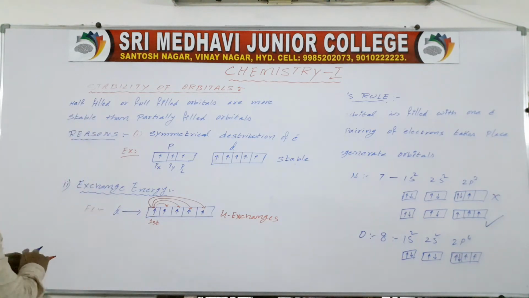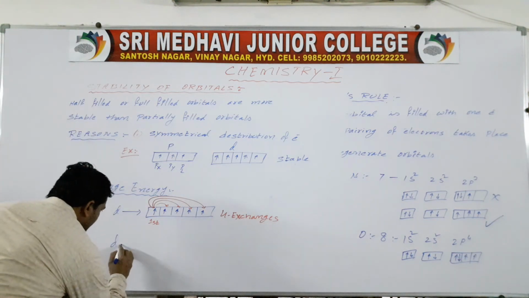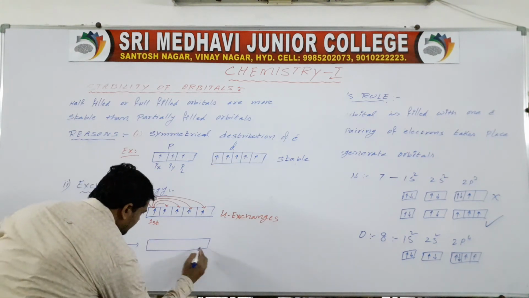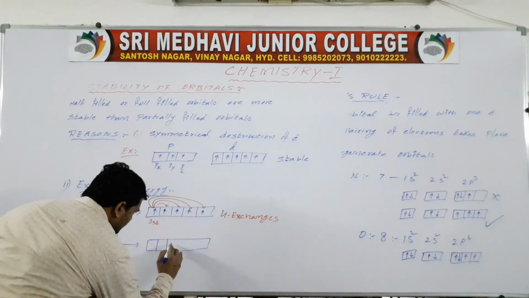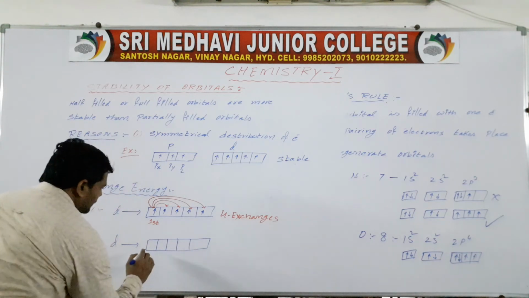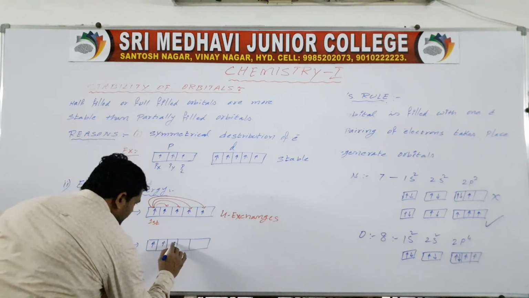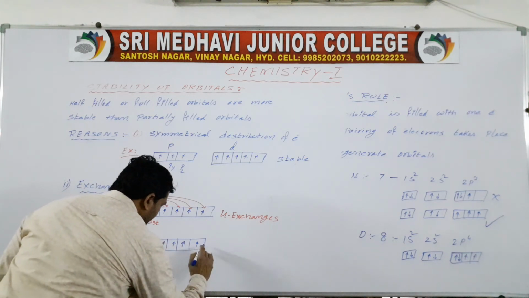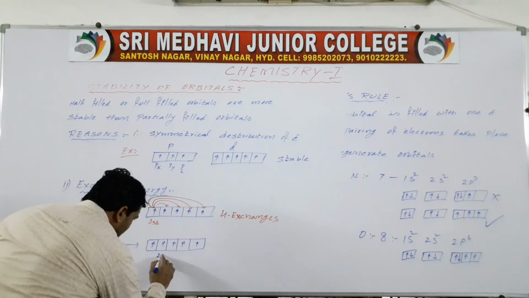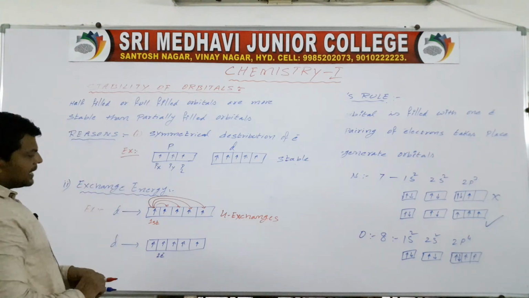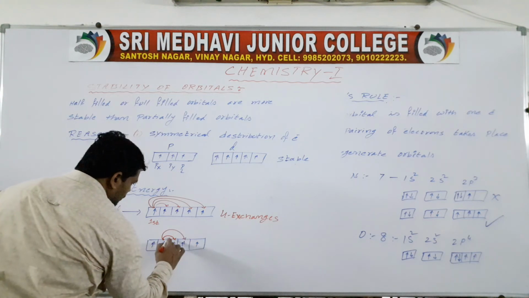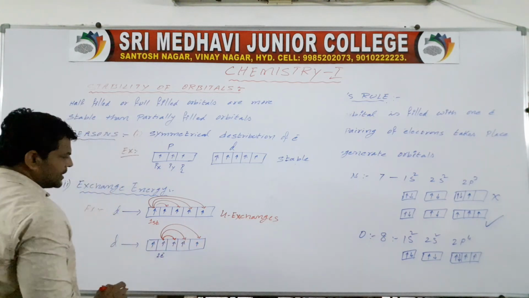Next, same d orbital I am taking, with electrons 1, 2, 3, 4 and 5 like this. Here I am taking the second electron. How many exchanges does the second electron have? 1, 2 and 3 exchanges only.